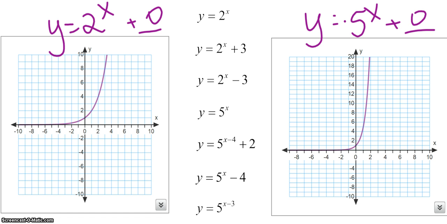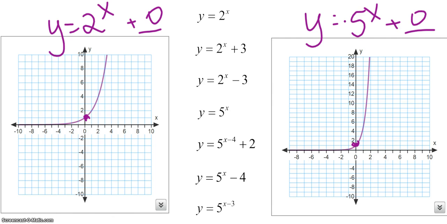Second is the way that they go. They start down towards 0 and they both go to infinity as their range. Next, they both cross the point (0, 1). So that's how you can define your parent function.